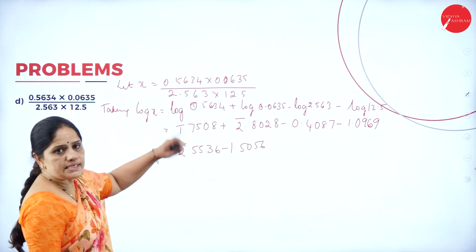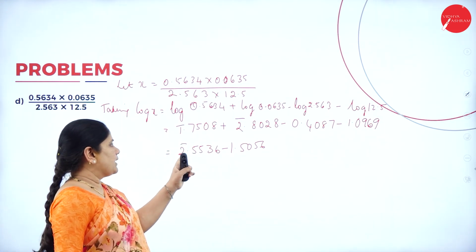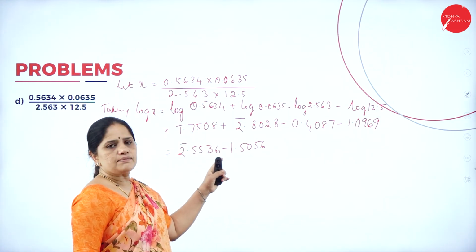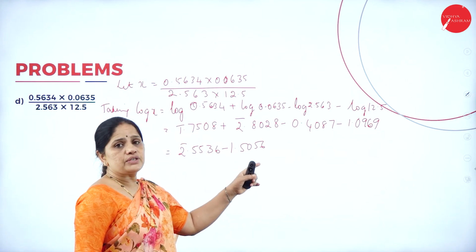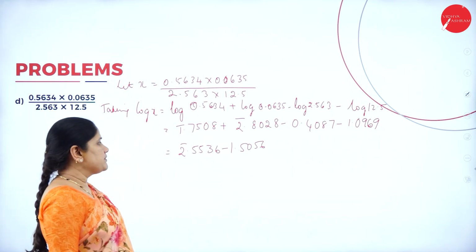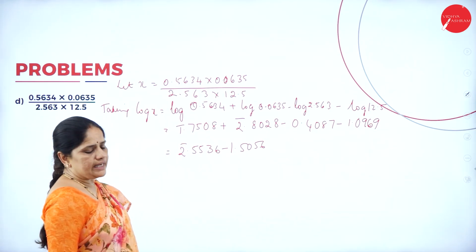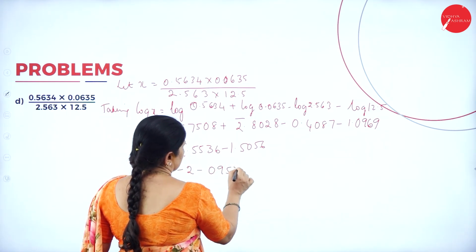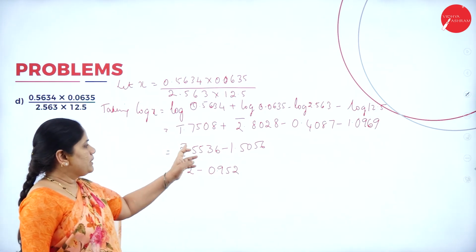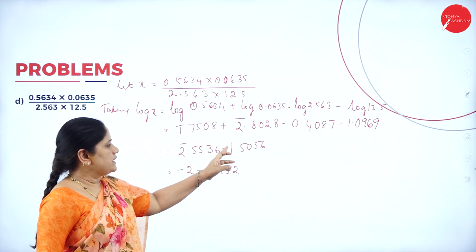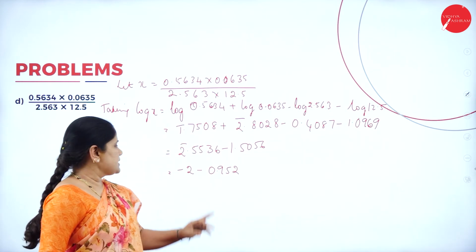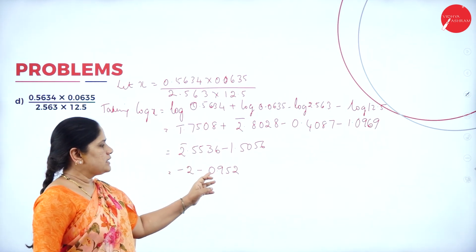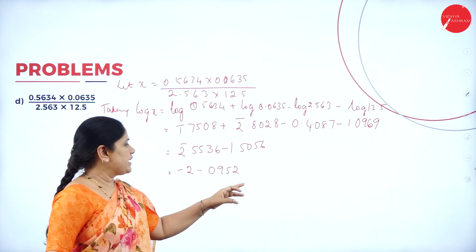Now when I simplify this, I will get 2 bar 0.5536 minus 1.5056. Now when I simplify this further, I will get minus 2 minus 0.0952.